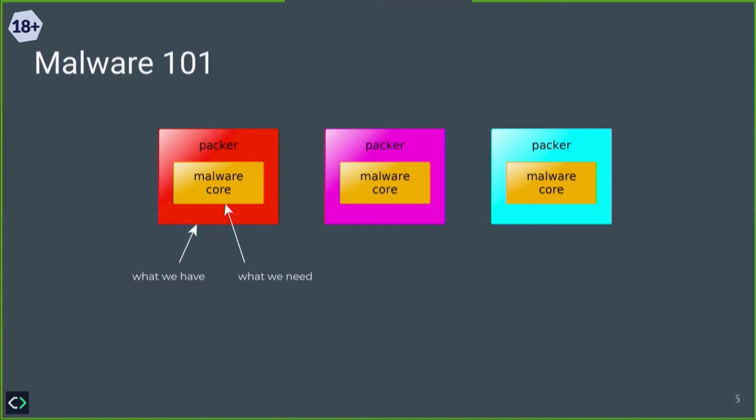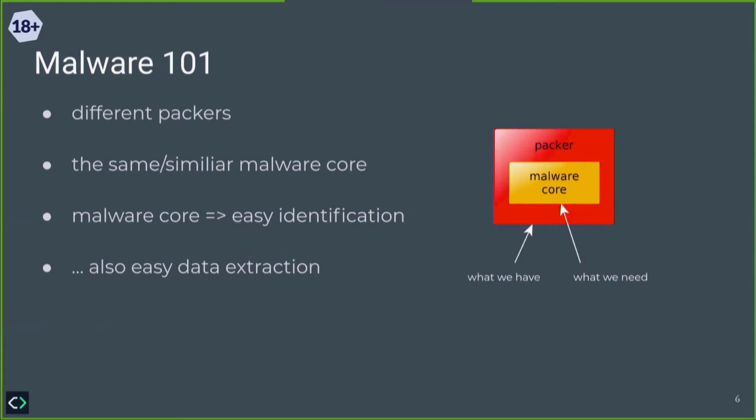So basically, we have a single malware family like TrickBot, and the code is the same or very similar for many samples, but the samples are packed with many different strange packers, which makes it very hard to perform static analysis. So we have a bunch of samples that are somehow obfuscated, and we want to extract the malware core out of them in order to have something useful, right?